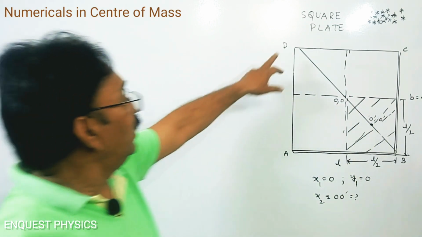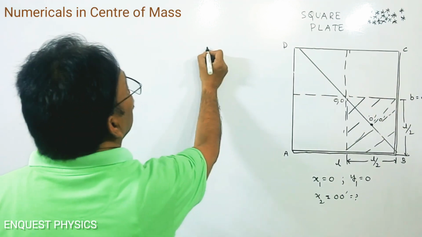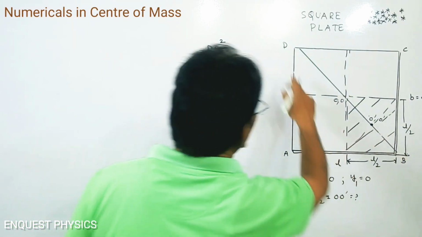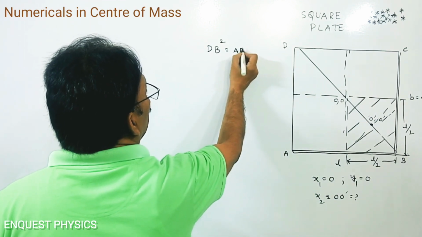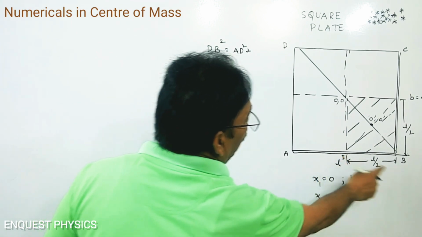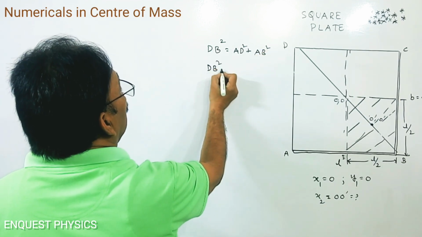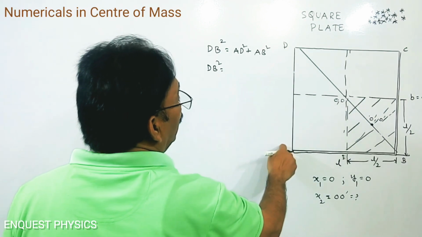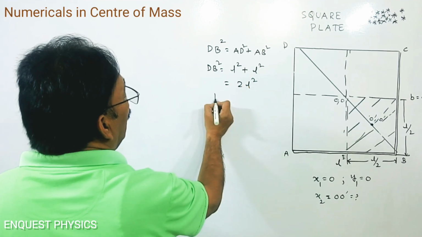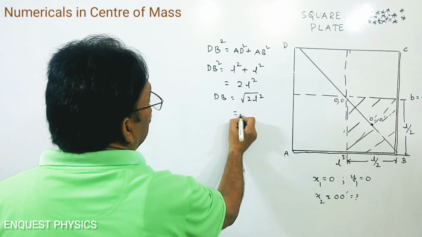Here it is a right angle triangle. In that triangle we can write dB squared is equal to AD squared plus AB squared, and substitute the values. dB squared is equal to L squared plus L squared, it is 2L squared, and dB is equal to root of 2L squared, that is L root 2.